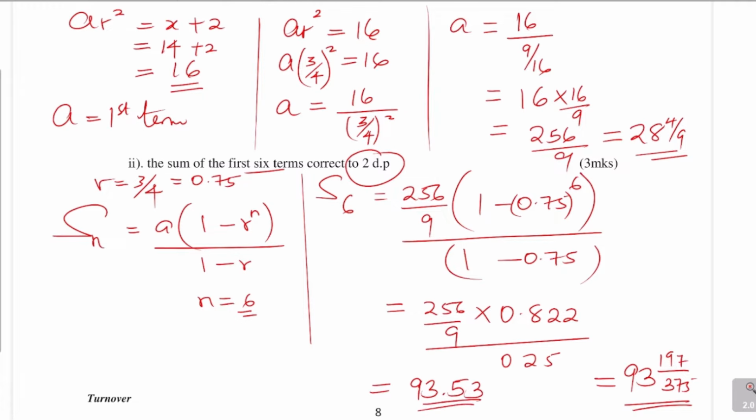That is correct to 2 decimal places. You should be very careful with that accuracy mark. In case you leave it like this as a mixed fraction, you may not score the answer mark. So you must ensure that you leave it in the format that is required. So that is how you're supposed to do that question.